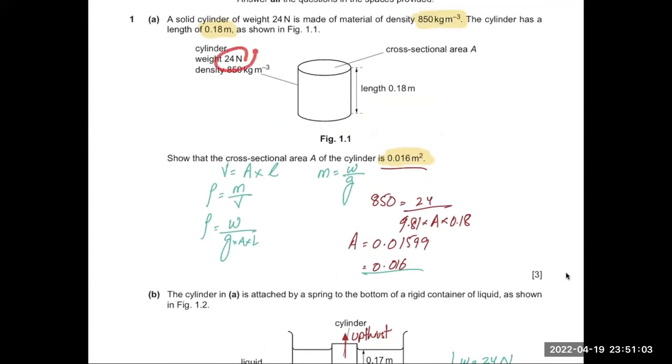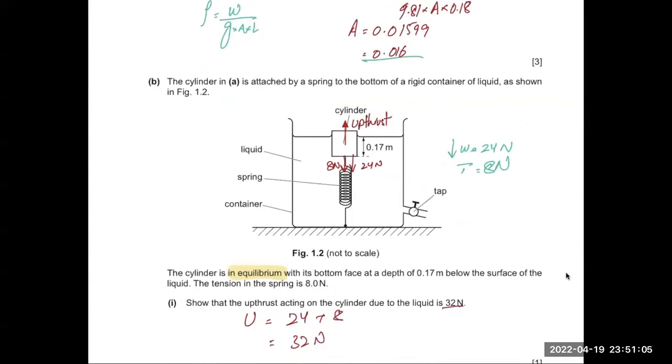The weight of the cylinder is 24 newtons. The downward force weight of the cylinder is 24 newtons at some instant after we let a lot of water run out. The upthrust is also 24 newtons and it's in equilibrium.